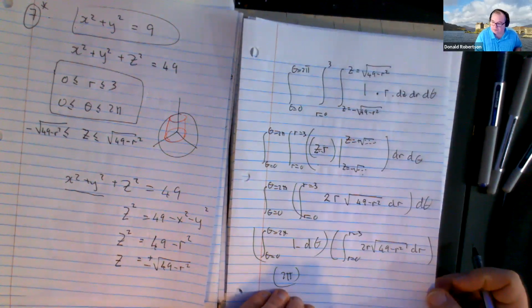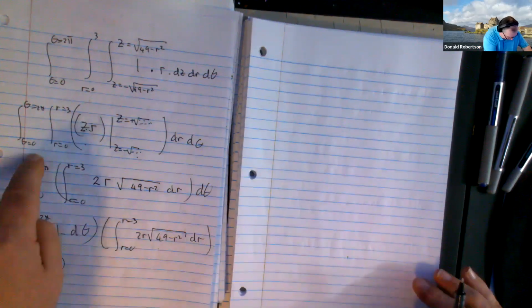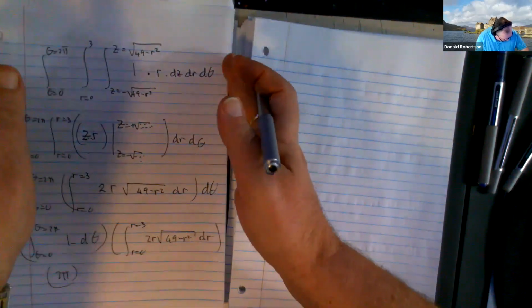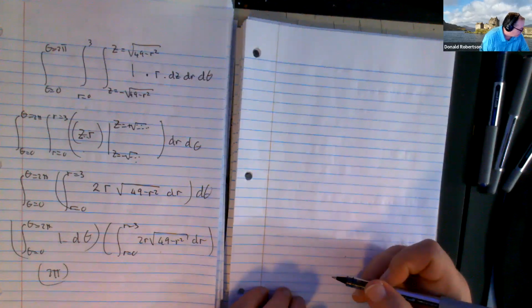Are we cool? As you've noticed, I'm only focusing on getting the limits of integration, because once you've done that, hopefully we've done so much practice at evaluating triple integrals that you'll be able to do that bit without so much trouble.